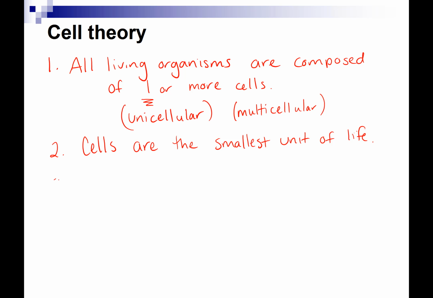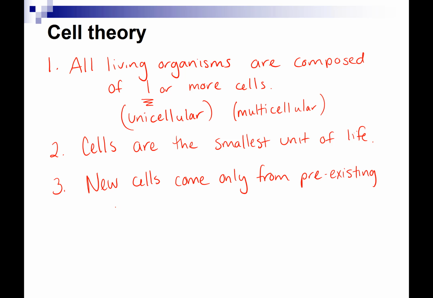The third and most important, and was the hardest for people to grasp, part of the cell theory is that new cells only come from pre-existing cells. Okay, so new cells come only from pre-existing cells.